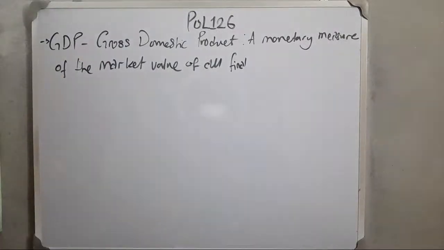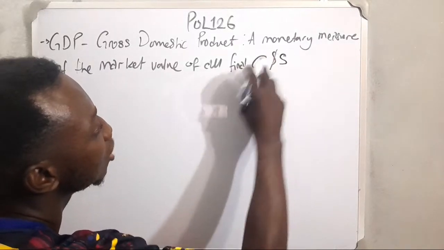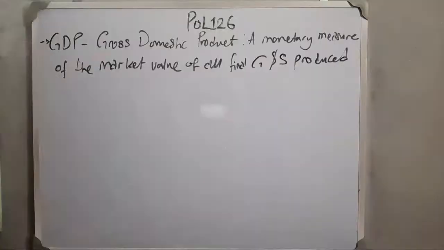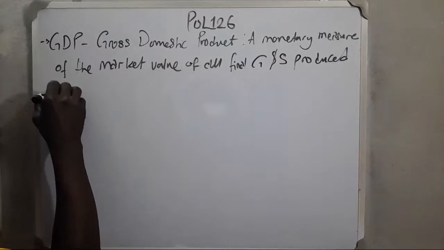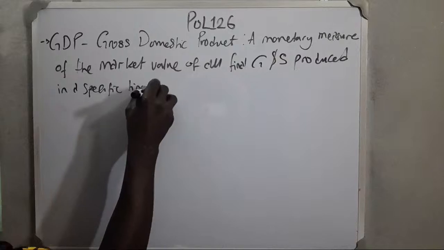Are we together? So, all final goods and services produced, G and S, are produced in a specific time.